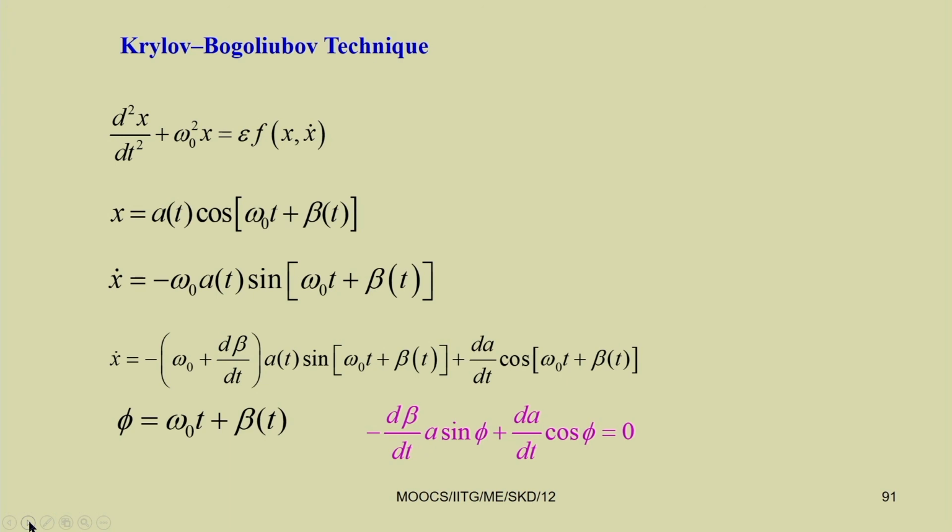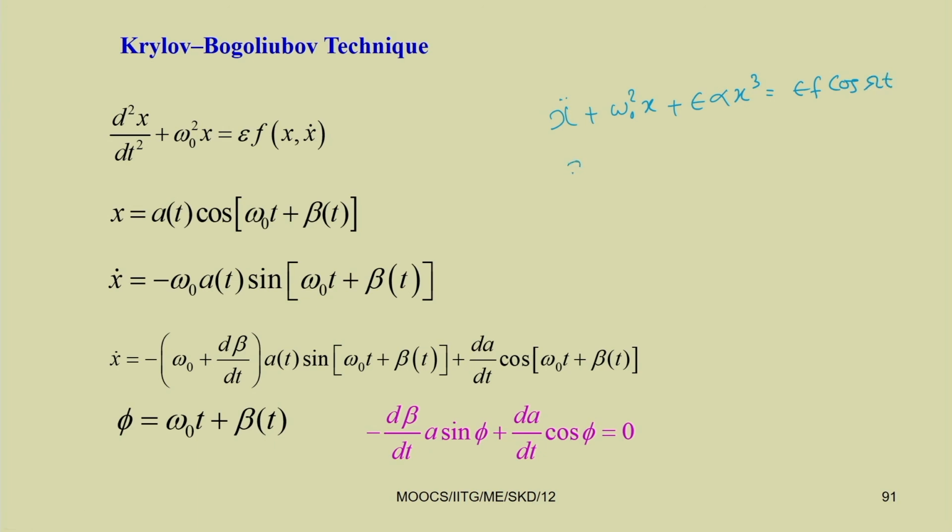So, a generalized equation can be written in this form: d square x by dt square plus omega 0 square x equal to epsilon f(x, x dot). For example, in case of the Duffing equation, we write x double dot plus omega 0 square x plus epsilon alpha x cube equal to epsilon f cos omega t.